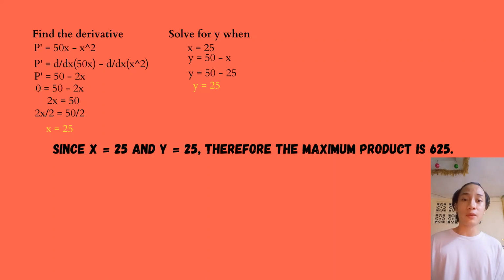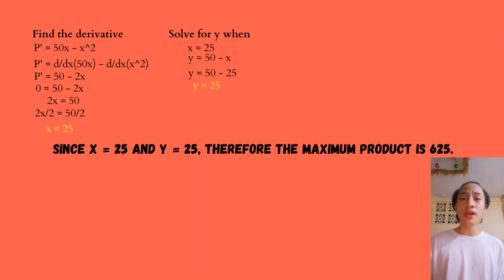And the next step is solve for y. So to get the value of y, use the formula y equals 50 minus x. Then substitute the x to 25. So 50 minus 25 is equal to 25.